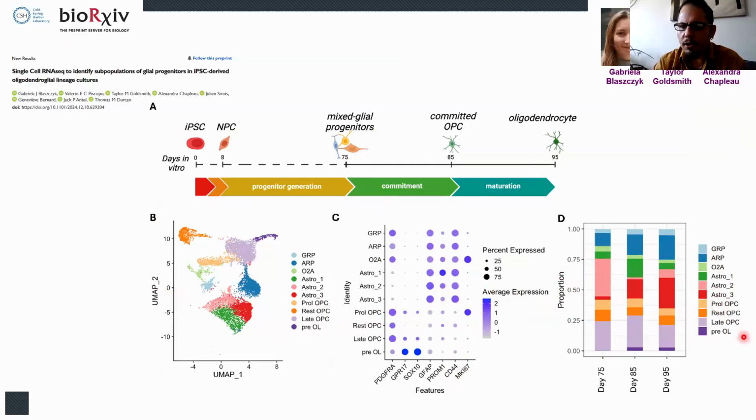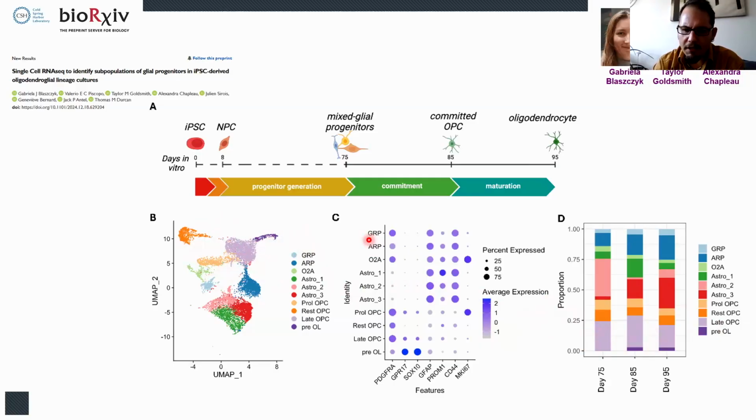It's also interesting to notice that there is always a population of resting OPCs that seems to be more or less constant over time. What really decreases once we induce differentiation is this population of proliferating OPCs that obviously become mature oligodendrocytes.